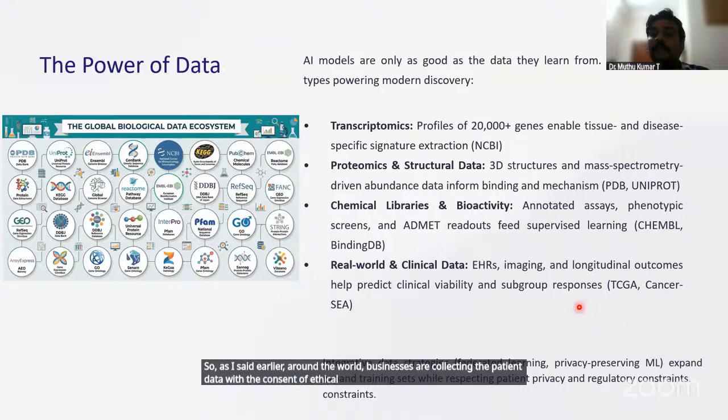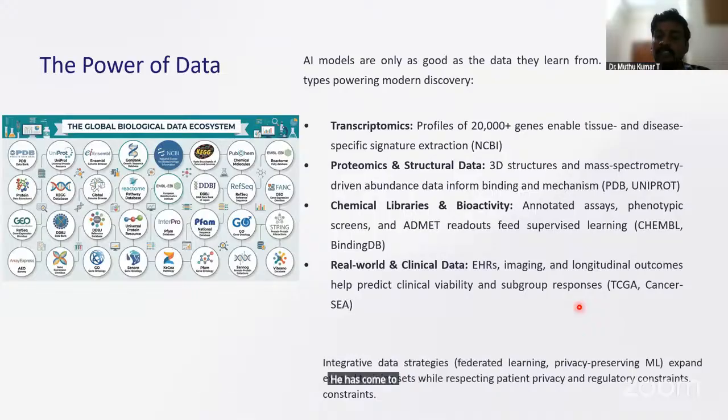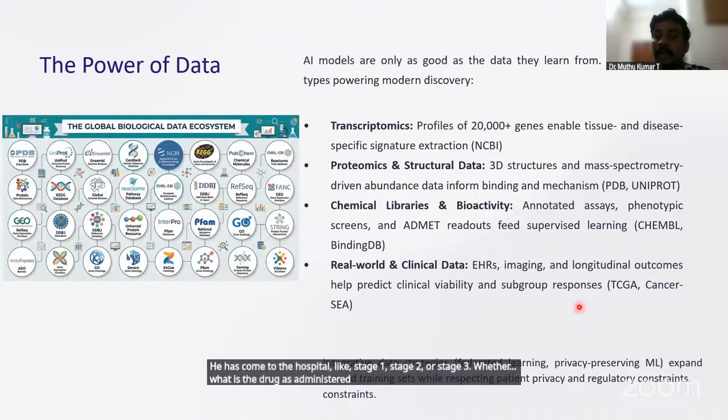They submit all this data: the age of the patient, whether male or female, what disease they came to the hospital with, like stage 1, stage 2, or stage 3, what drug was administered to the patient, and whether the patient had recurrence of the disease or not. All this data is available in these kinds of databases.